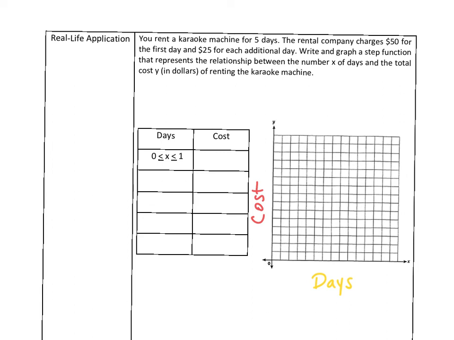Okay. So let's go ahead and just make the graph. It says that we rented it for 5 days, so we just need at least 5 days on the x-axis, right? So I'm just gonna go like this, 1, 2, 3, 4, 5.